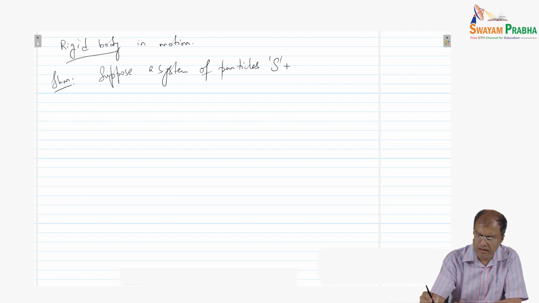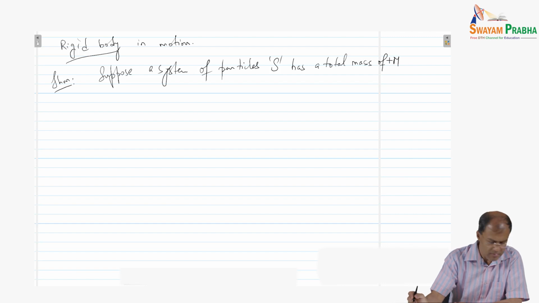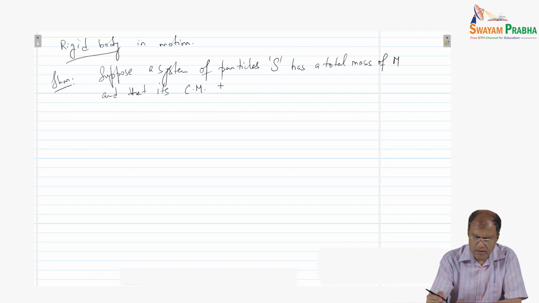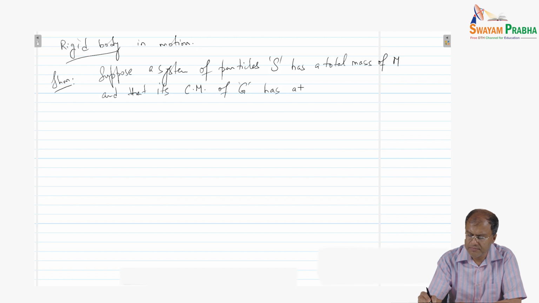So the system of particles S has a total mass of m, and its center of mass, the CM, being G, right, has a velocity v.